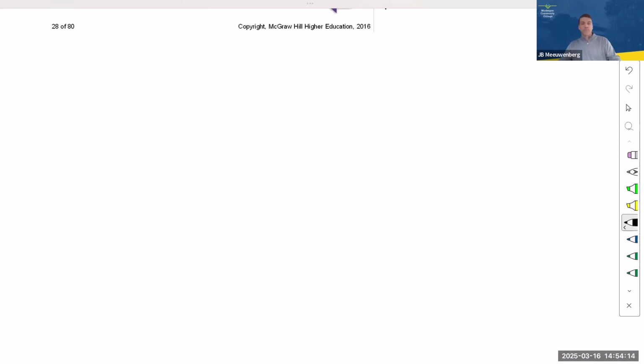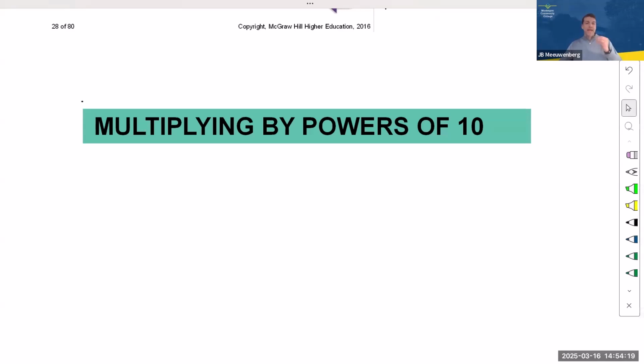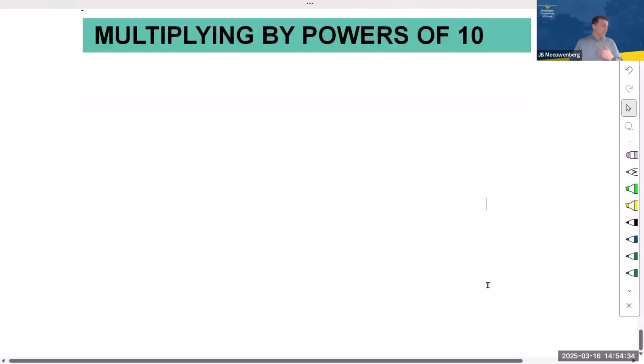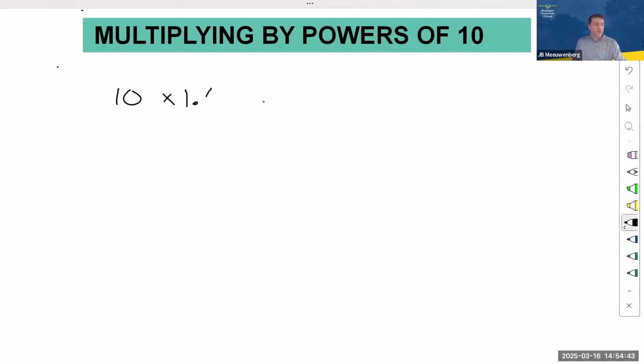The last thing we're going to talk about in this video is when we multiply by powers of 10. One way to illustrate this is using decimal squares and this idea of repeated addition. Before we even do this, I'm going to show something that many of you probably already know, or maybe have forgotten. 10 times 0.165.